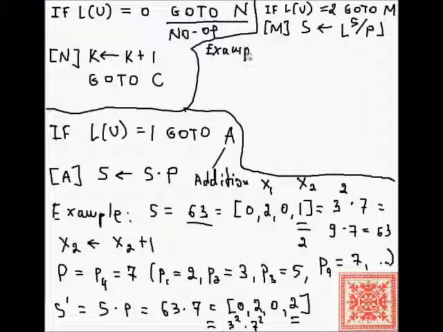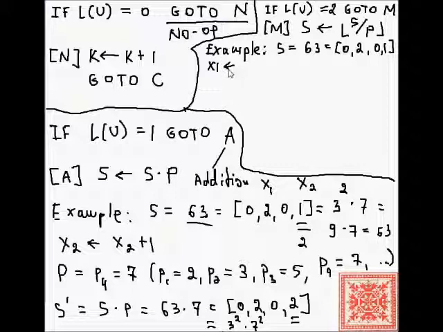So let's go through an example. Let's assume that s is 63. So in other words, the value of x1 is equal to 2 and the value of x2 is equal to 1. The first 0 is the value of y, and then the second 0 is the value of z1, an internal variable.